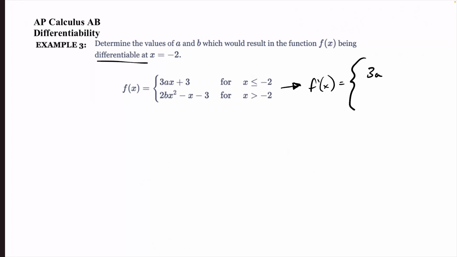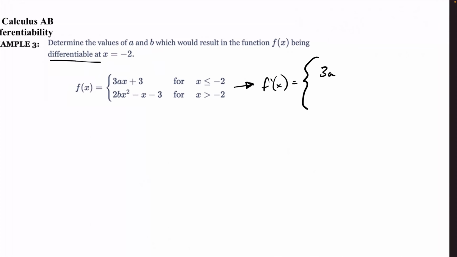They're values. x is a variable. So 3a for x is less than or equal to -2. What's the derivative of 2bx squared minus x minus 3? 4bx, good, minus 1. Good.